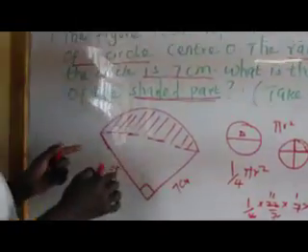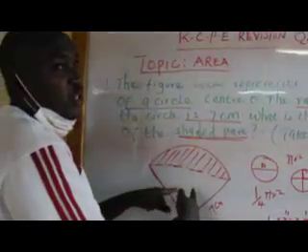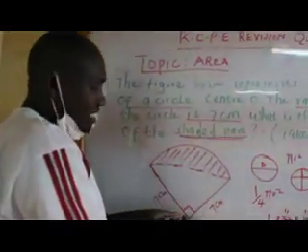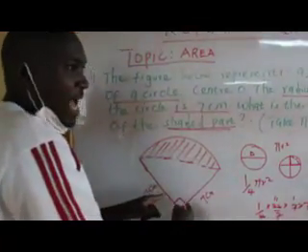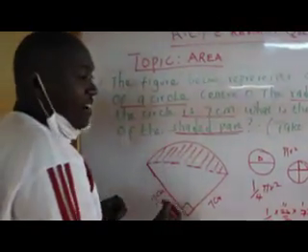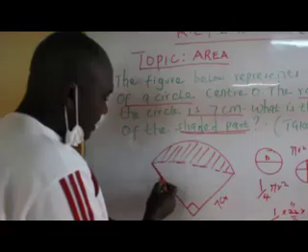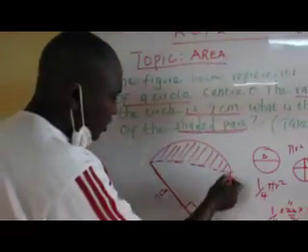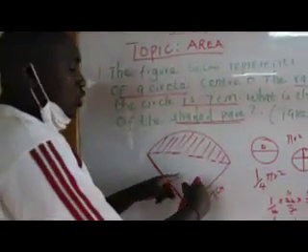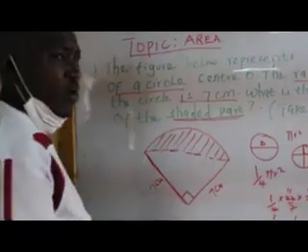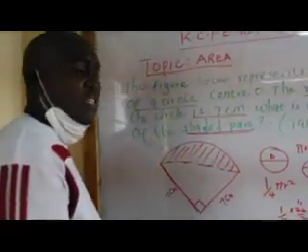There are two shapes that have been joined here. We have a quarter of a circle, and inside it we have a triangle. This is our right angled triangle. It is very well shown. So we are going to get the area of the triangle. How do we get area of a triangle?